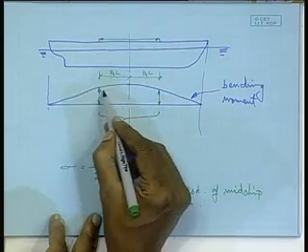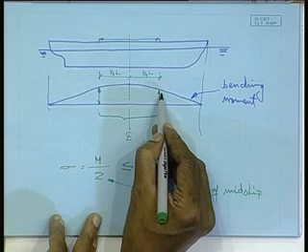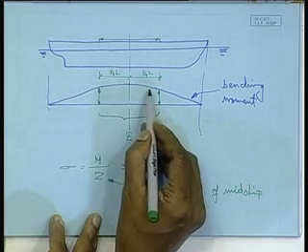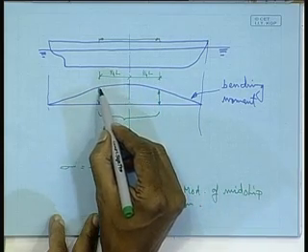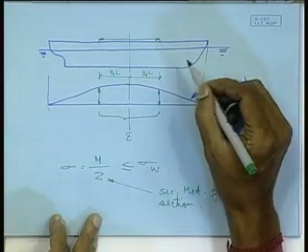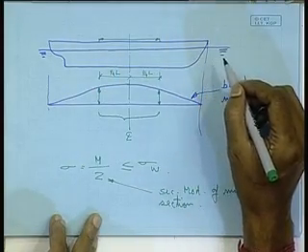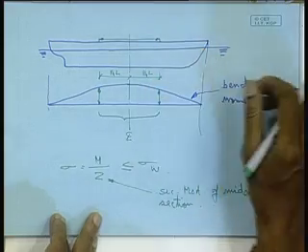Though there is some drop in the bending moment, you can see from the typical curve we have drawn, it is dropping, but still we continue the same section modulus as well as the same scantlings, right.